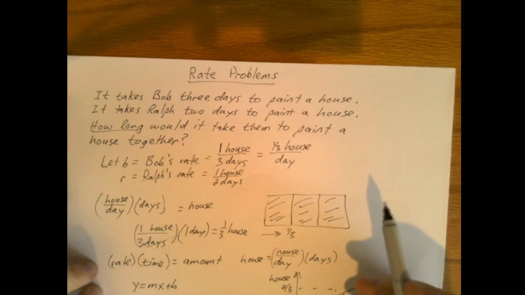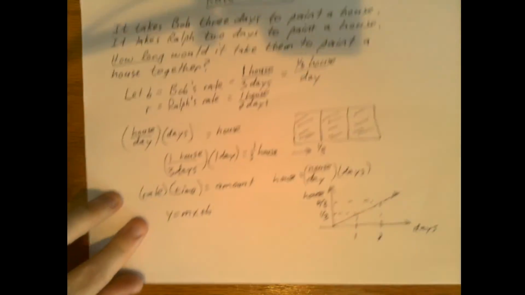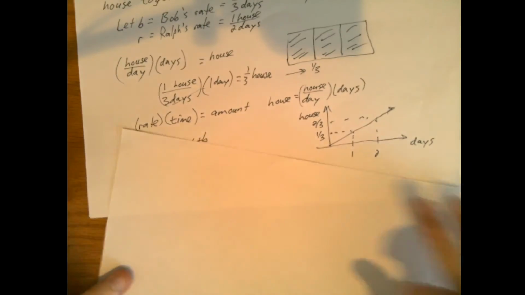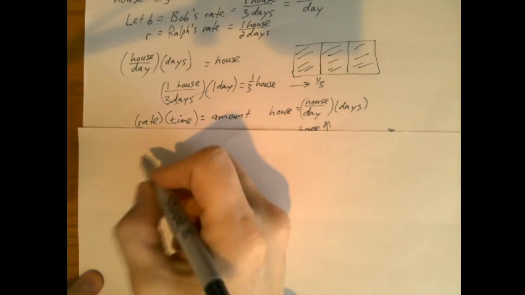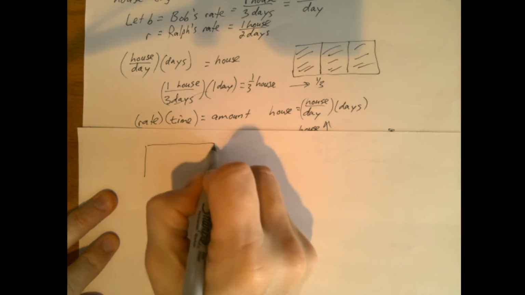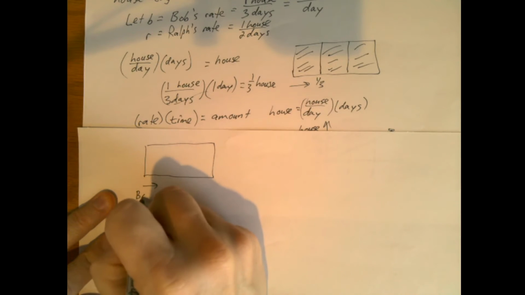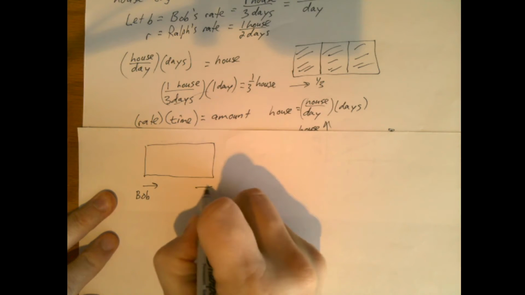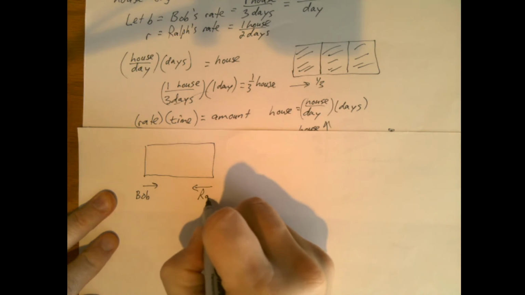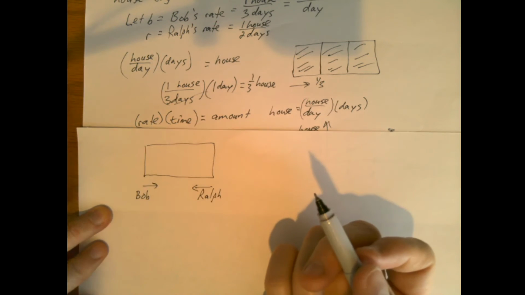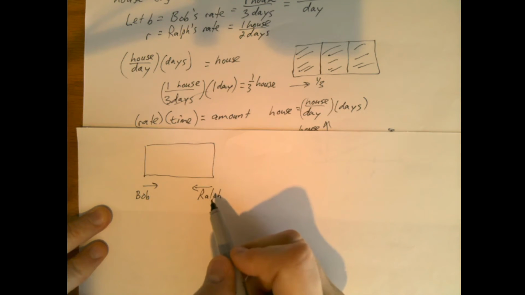So how do we answer the actual problem? Let's think about what we have here now. So now our house looks like this. And we can think of Bob as working on this end, Ralph working on this end, and they work towards each other. Now Ralph happens to be painting faster, right?